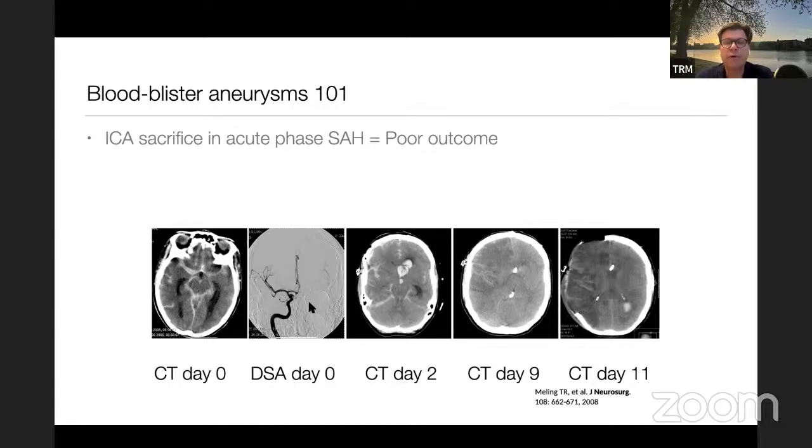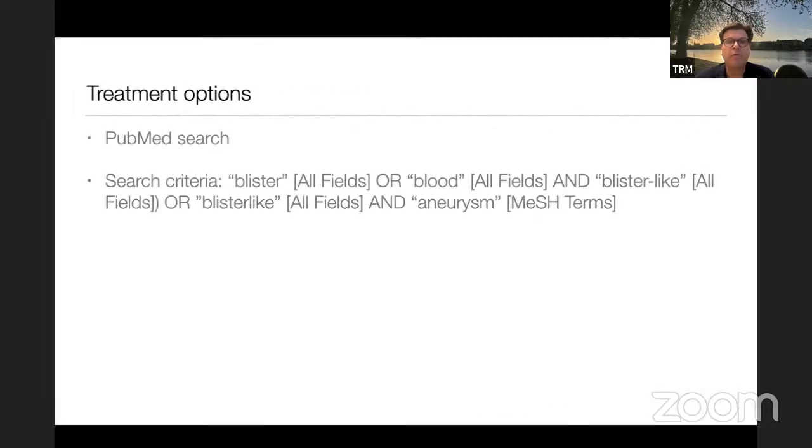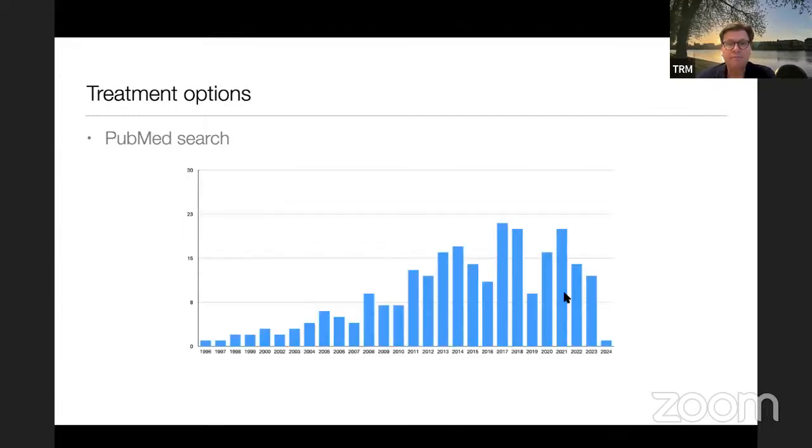The ICA was closed off because of, let's say, failed clipping, massive stroke, and the patient died. This is typical for many of these, about 50% mortality if you close off the ICA in the acute state. So we should really make an effort to preserve the ICA.